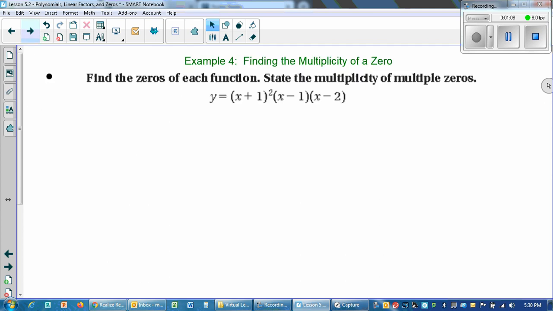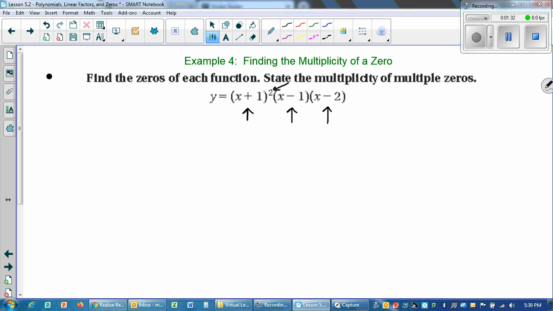All right, so the first thing we're going to learn today is finding the multiplicity of a zero. So here we have zeros. We have factors. We have a first factor. We have a second factor. And we have a third factor. And here in our first factor, you notice that there's this little exponent out here.